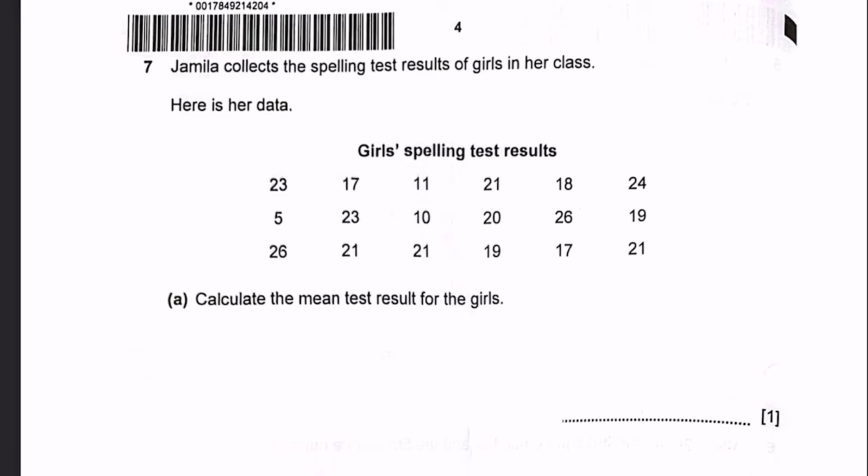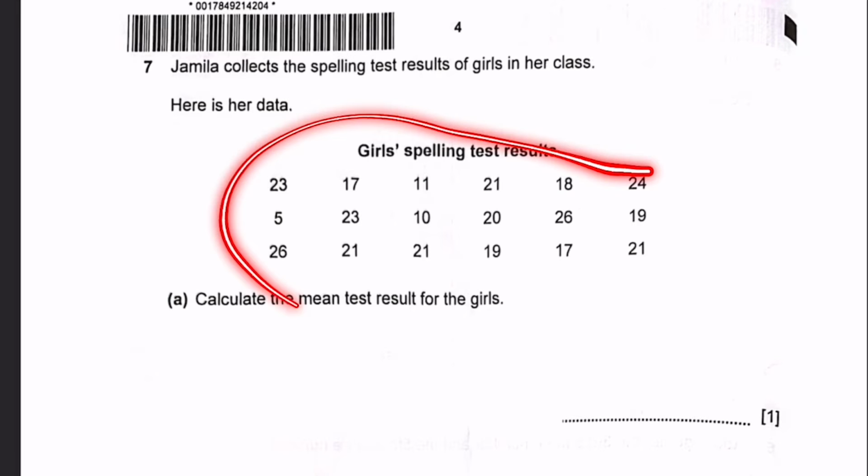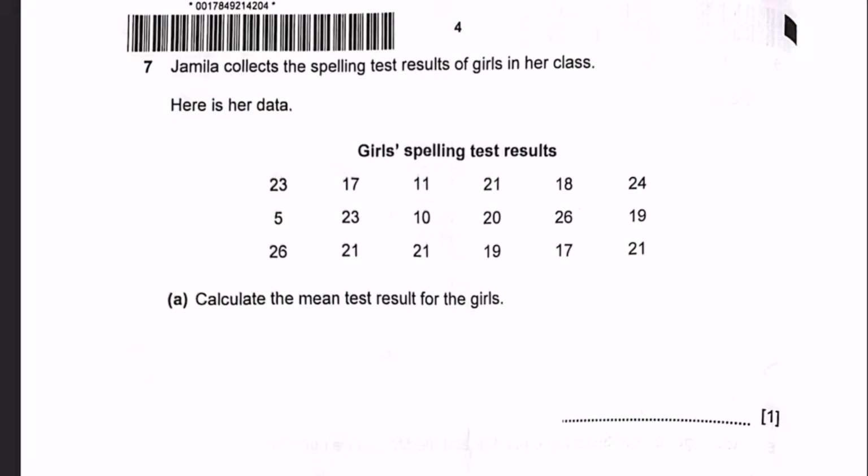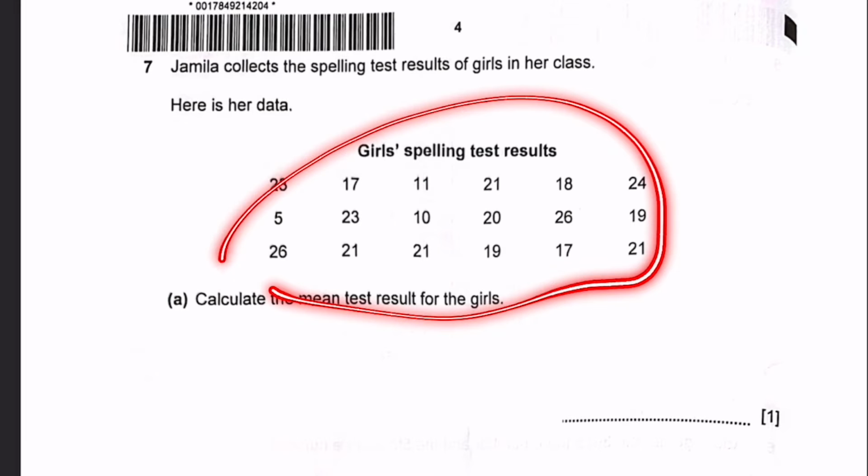Jamila collects the spelling test results of girls in her class. Here's her data. A. Calculate the mean test result for the girls. So that would be if we add everything up and divide by the total number, which is 18.